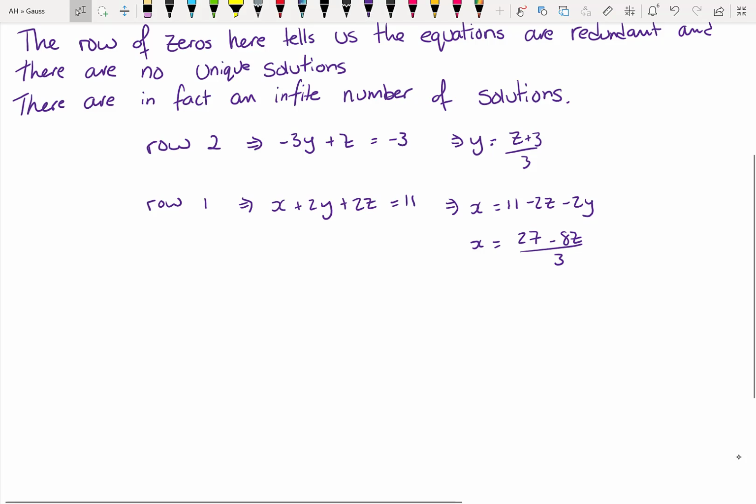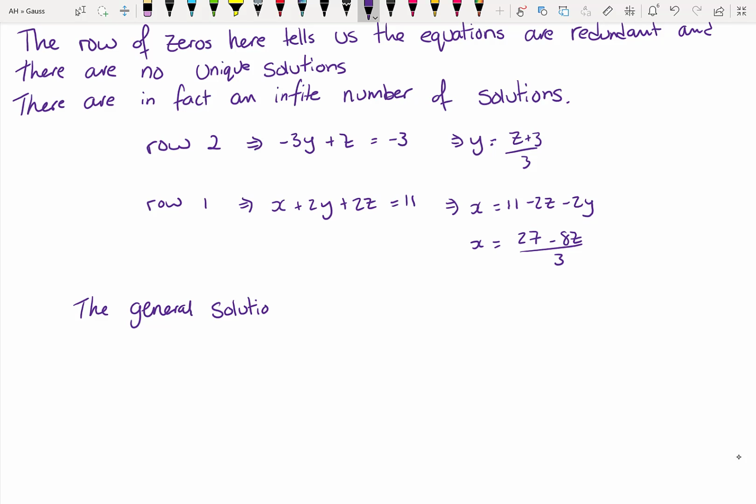What that tells me then is the general solution is x equals 27 minus 8z over 3, y equals z plus 3 over 3, and z equals, no, just z. Okay, z is whatever z was, and that is the thing that we've picked to use as our condition.